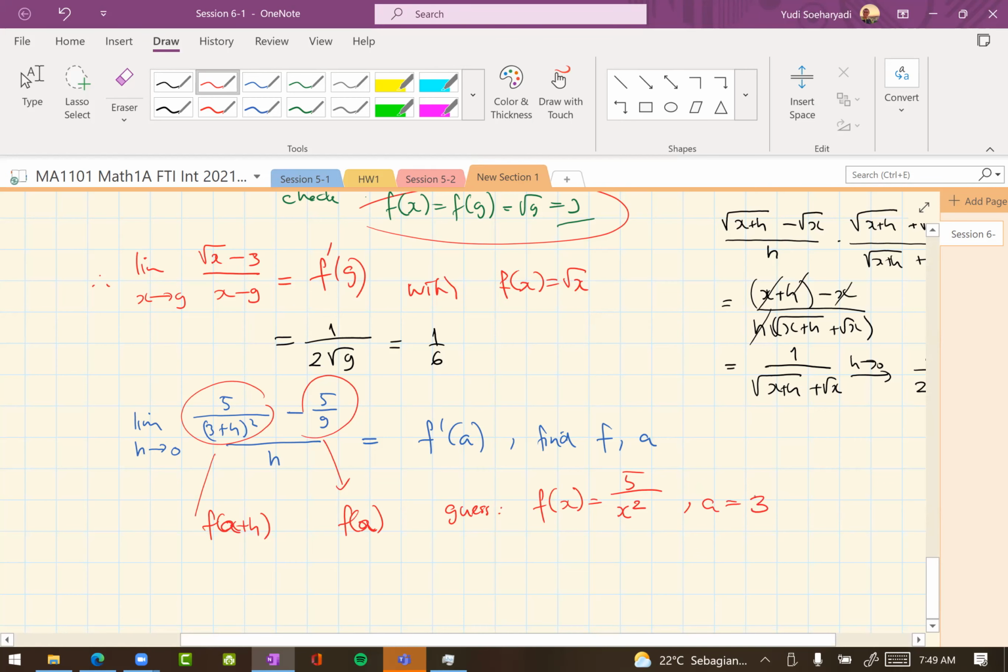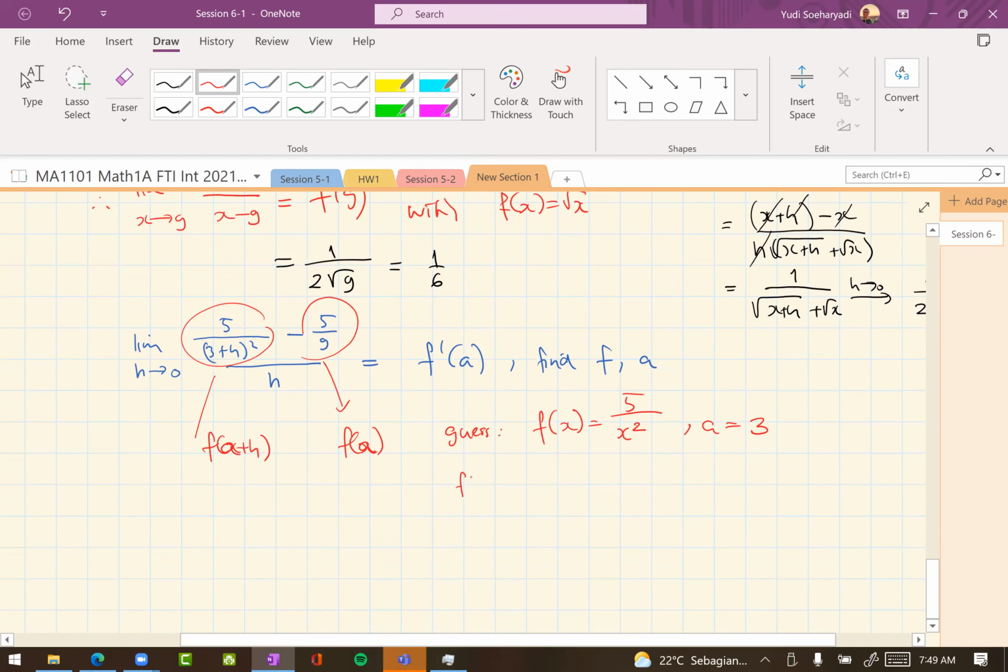So you see that f of a plus h, which is f of 3 plus h, is 5 over (3 plus h) squared.